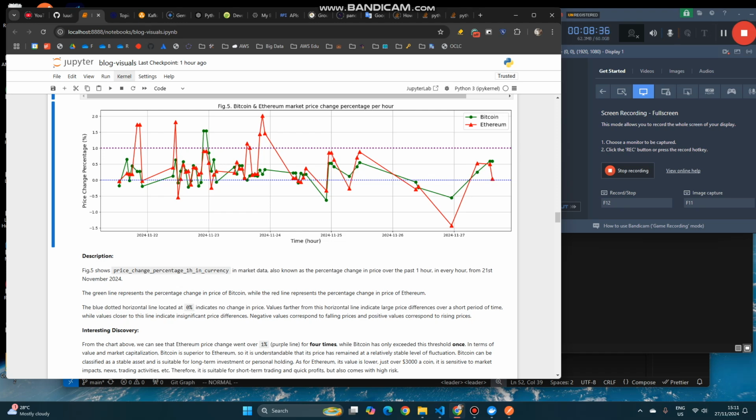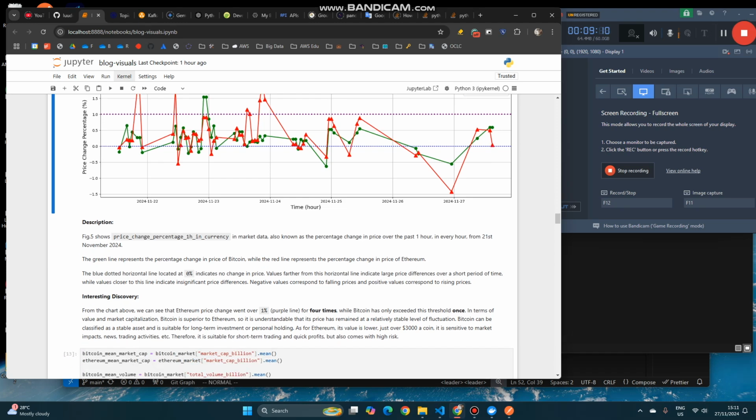If the percentage of change is far away from the zero blue line here, it means that this coin has a big change in price, and a lower value indicates that this coin has a little change, an insignificant price change. Okay. A positive value means the price is rising, and a negative value means the price is dropping.